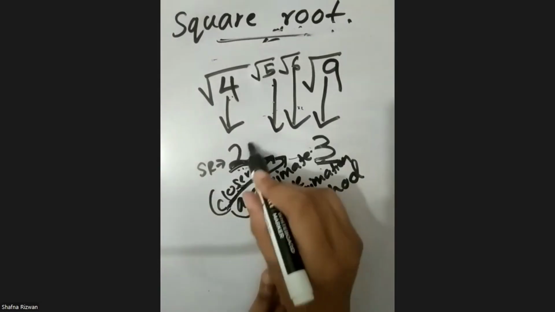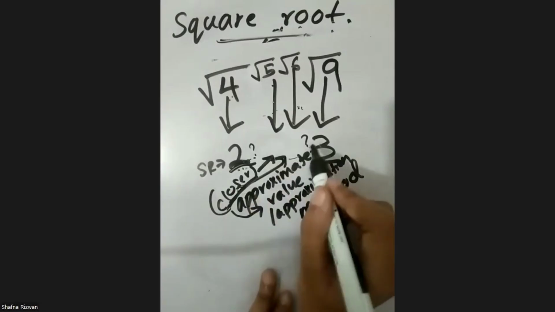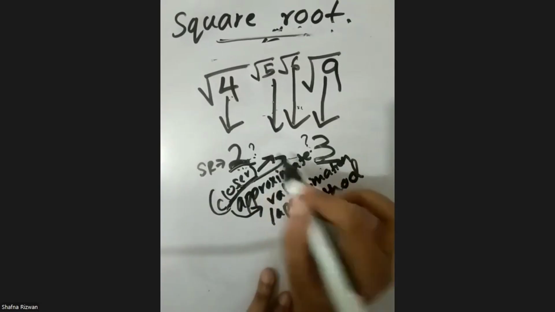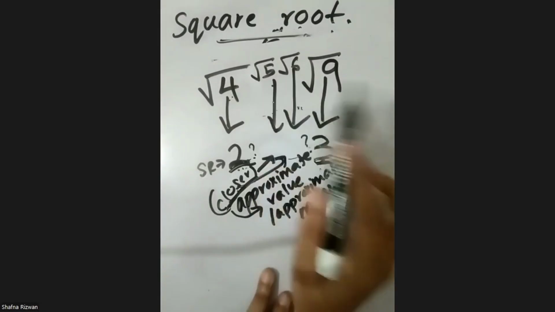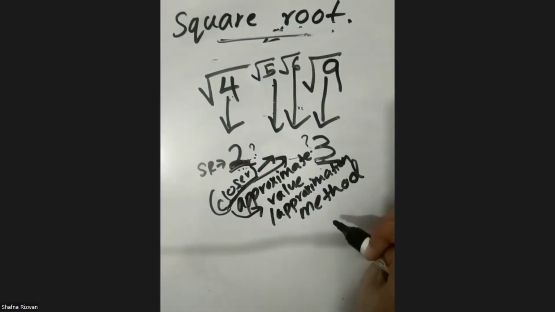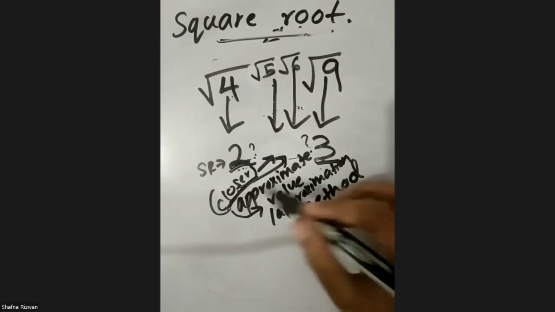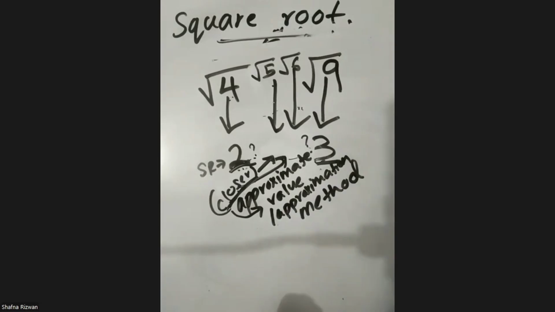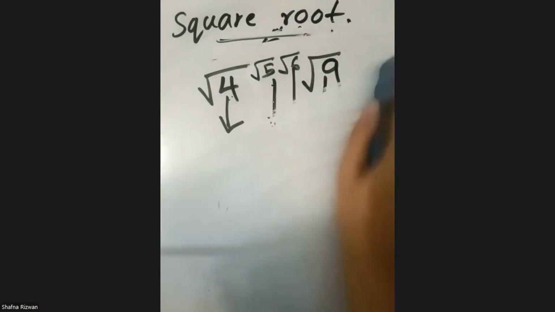Whatever closer value I have in between them, I use it to find my square root. Did you all understand? Now let's go and do it.